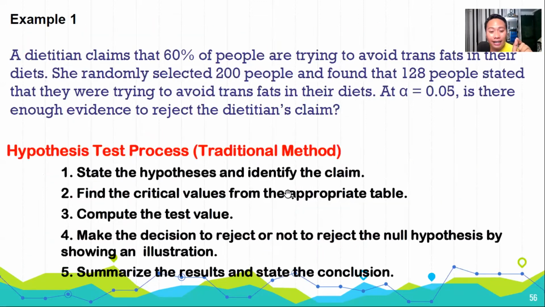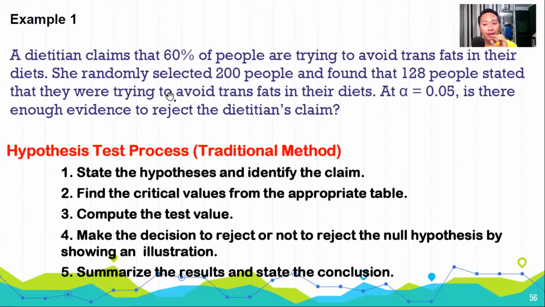So here is the example. If we read the example, ladies and gentlemen, it tells us a dietitian claims that 60% of people are trying to avoid trans fats in their diets. She randomly selected 200 people and found that 128 out of 200 people stated that they were trying to avoid trans fats in their diets. Test at alpha 0.05.